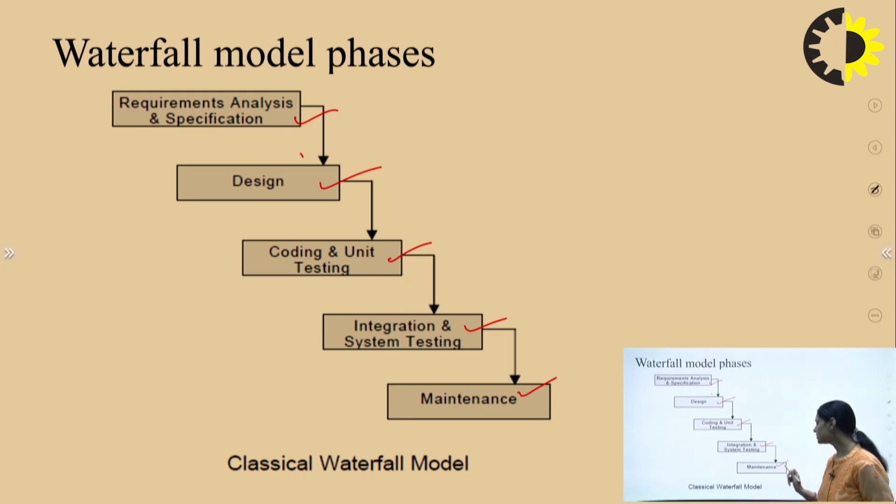The last phase is the maintenance phase. In the maintenance phase, the software is deployed at the user's end. Once the user uses it, or maybe after a certain period of time, they need some updations in the software. At that point, the maintenance of the software comes up.